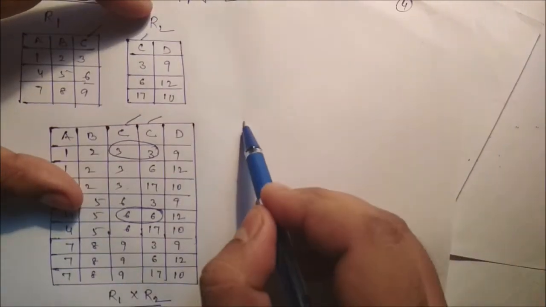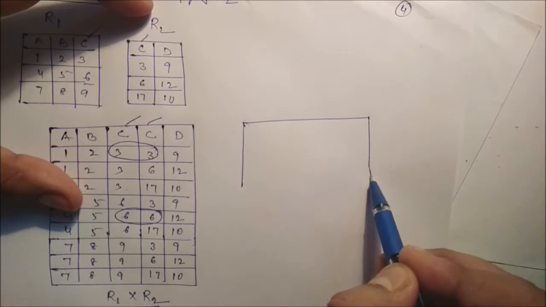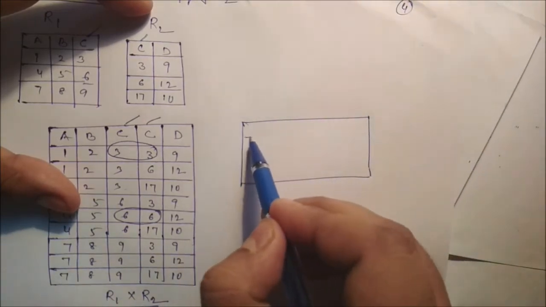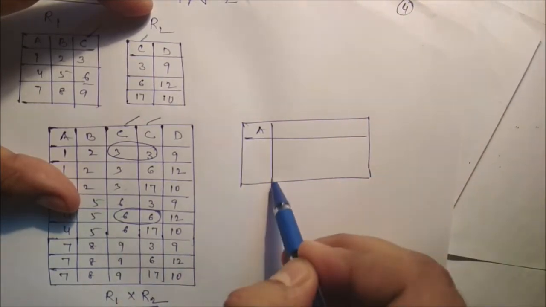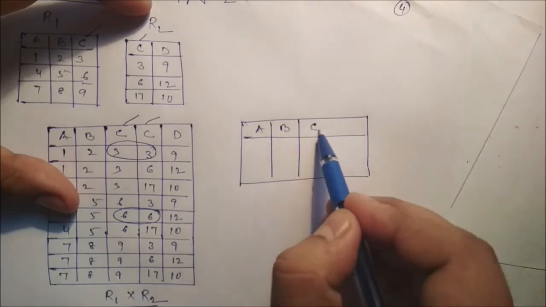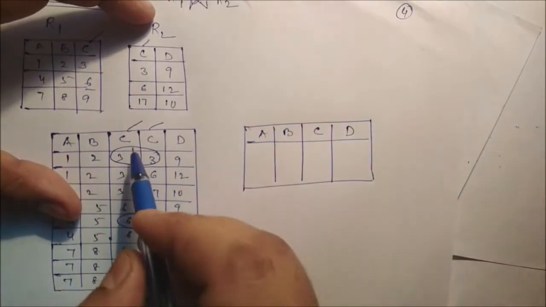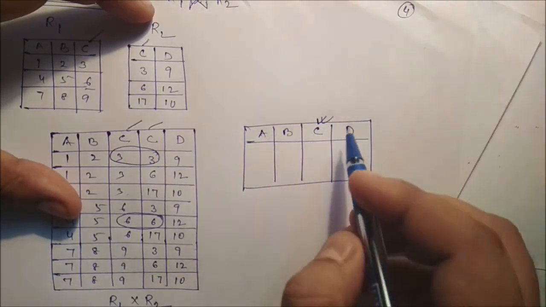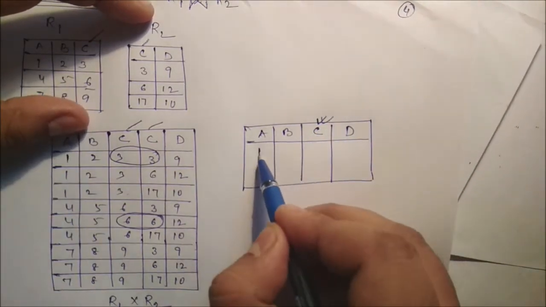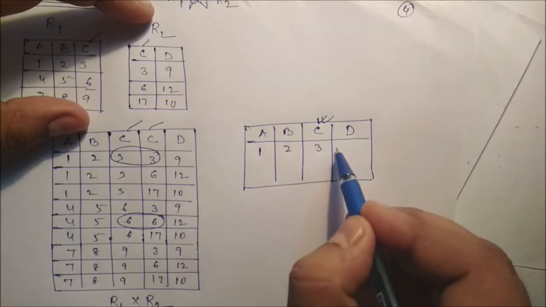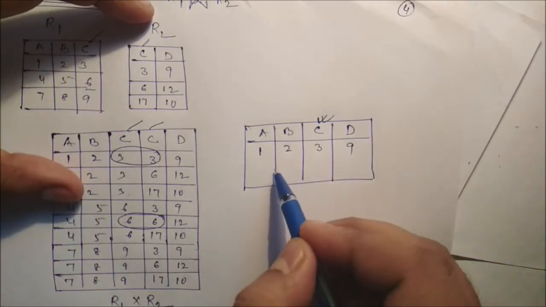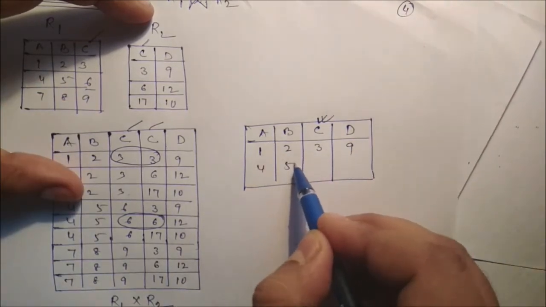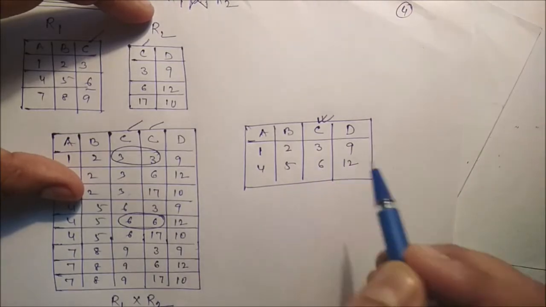The output will be A, B, C and D. Instead of taking two C's, it will take a single C. It eliminates the duplicate, and the output will be 1 2 3 9 and 4 5 6 and 12.